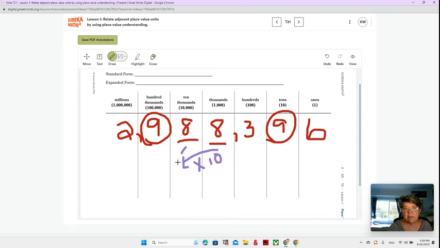And 80,000 divided by 10 is 8,000. Remember, that relationship only works when they're right next door to each other. They have to be right next door, and the fancy word for right next door is adjacent.